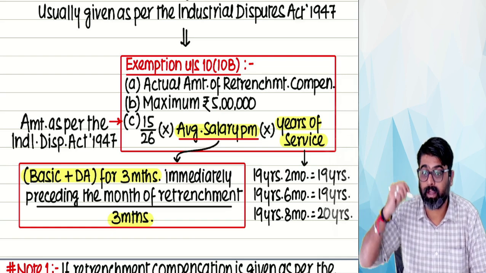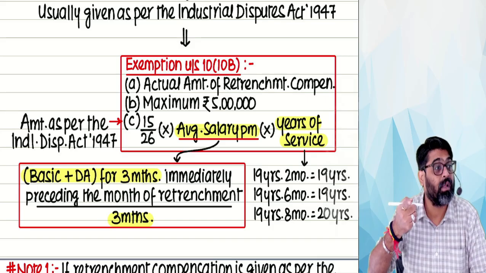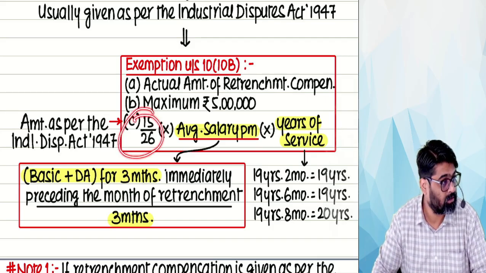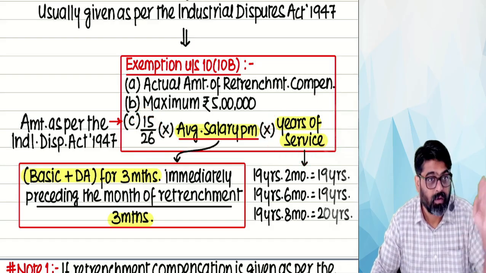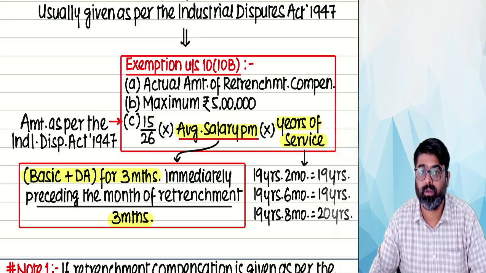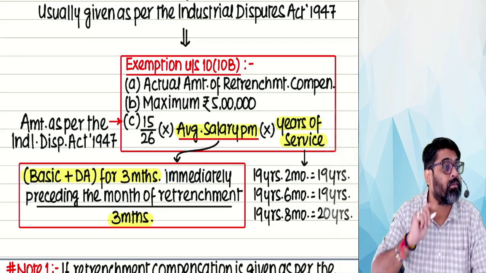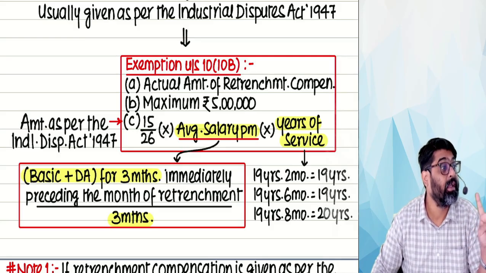The limit of the Gratuity Act is 15 by 26, last drawn salary per month into number of years of service. Same, copy paste from there. But instead of last drawn salary here, you will take the average salary of the last 3 months, salary of basic and DA.